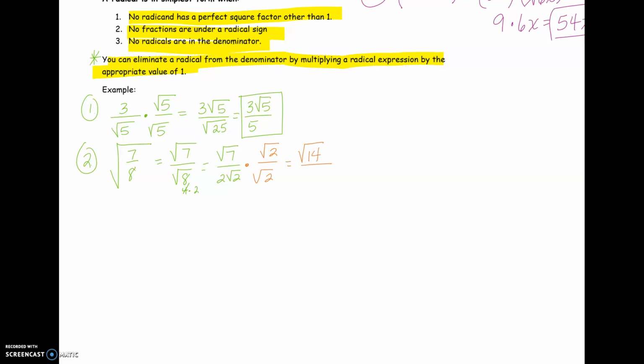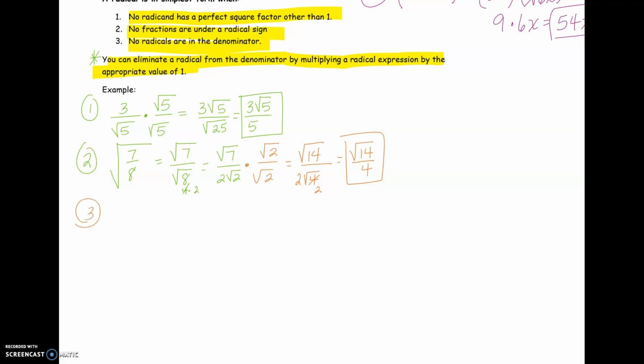I can multiply those together. In the denominator, I have 2 times the square root of 2 times the square root of 2. This I can multiply. It becomes 2 times the square root of 4. And what is the square root of 4? It's 2. So I end up with the square root of 14 over 4. I cannot simplify those because 1 is a radical and 1 is not.